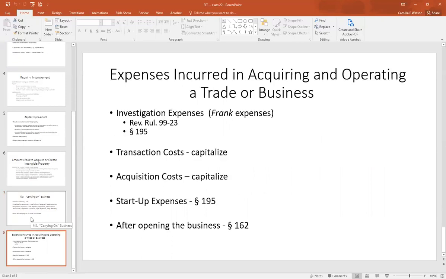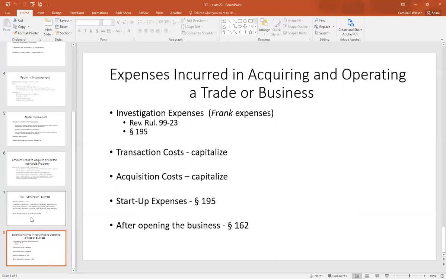Now, let's look at the various types of expenses that may be incurred in starting and operating a business. So first, you may have investigation expenses. These are the incidental expenses along the lines of those the Franks incurred. Revenue Ruling 99-23 defines investigation expenses as expenditures incurred in the course of a general search for or investigation of a new business and which new business to enter.